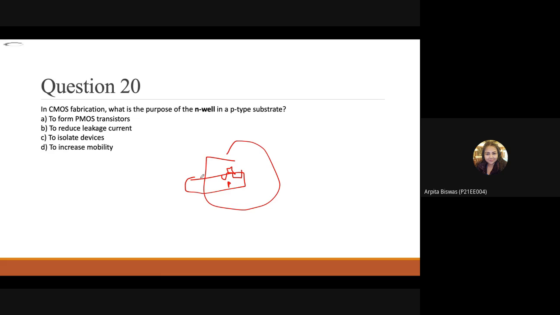Here we are preparing the N-well by doping, so it acts as an N-type substrate. Then with implantation we form the PMOS. So NMOS and PMOS both on the same substrate make the CMOS. So what is the need of this N-well? To form the PMOS transistor. Is it clear? Yes, ma'am.